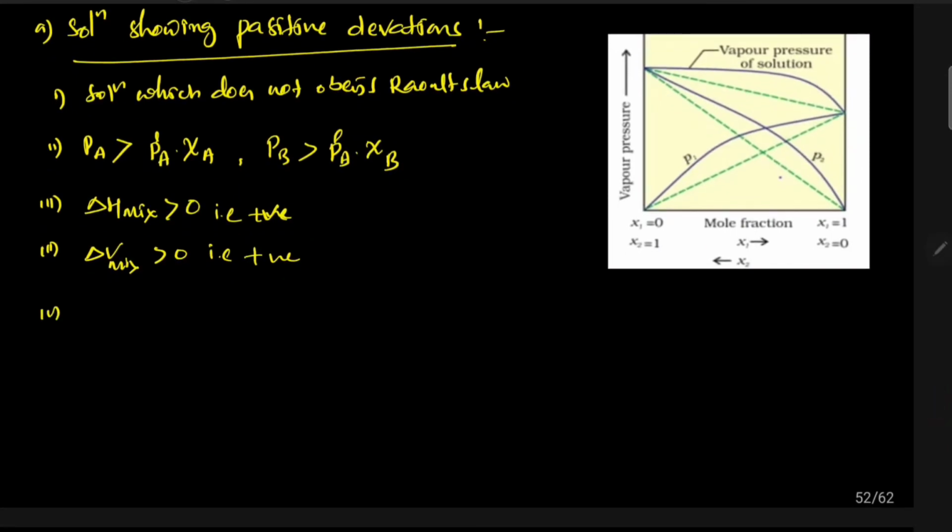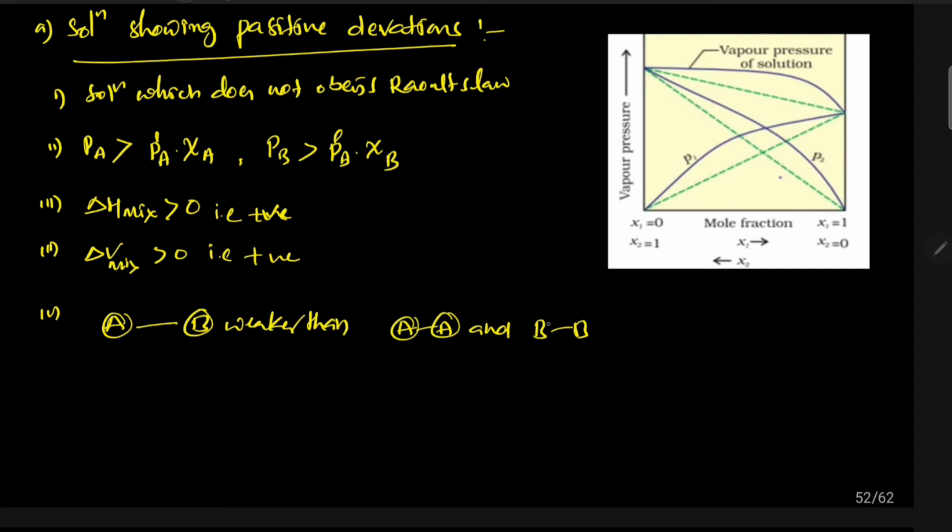Next, in positive deviation, the intermolecular interaction between solute and solvent particles, where A is the solvent and B is the solute, is weaker than the solute-solute and solvent-solvent interaction.